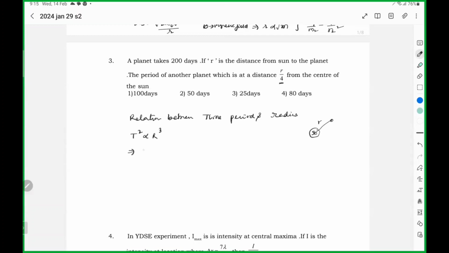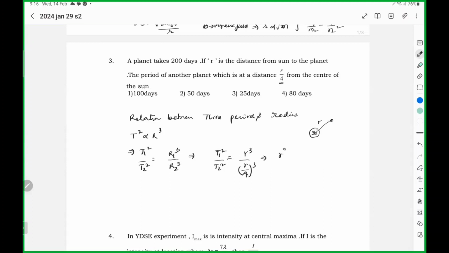So here it is T1 square by T2 square is R1 cube by R2 cube. So here first planet, T1 square by T2 square is, first one is having R, second one radius is R by 4.